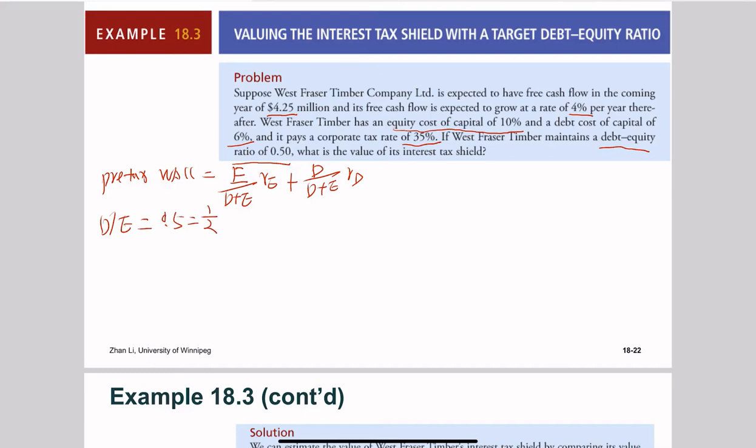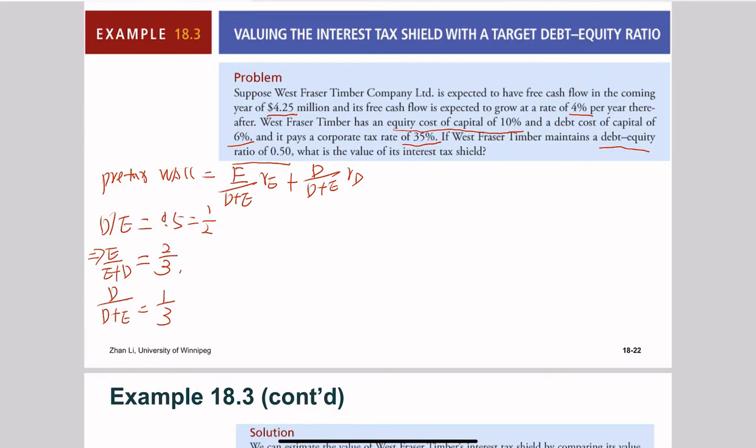So this tells us E divided by D plus E equals 2 over 3, right? And D divided by D plus E equals 1 over 3. Right?